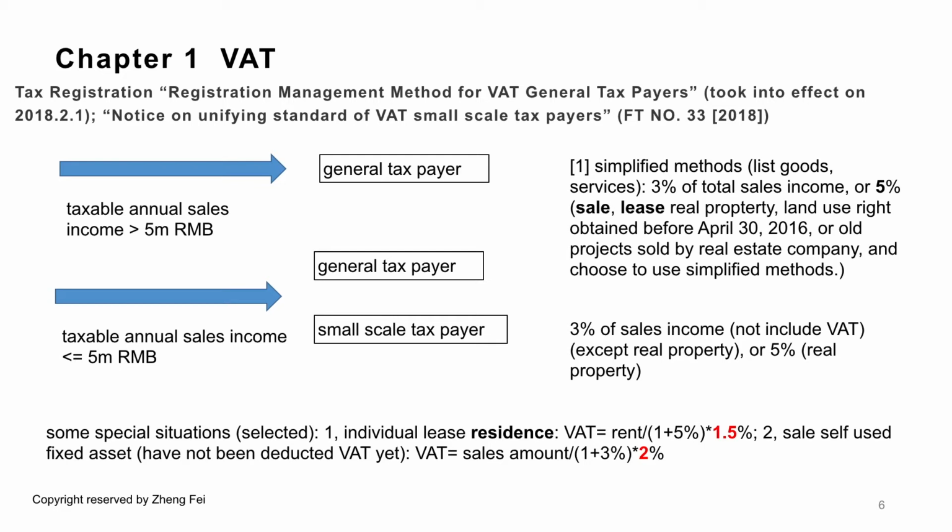However, if it chooses to use this simplified approach, it cannot change back within the next 36 months. Of course, laws are not always that simple. Some special situations, for example, I listed here at the bottom of this slide, special taxpayers enjoy reduced rates other than the general 3% and 5% rate.